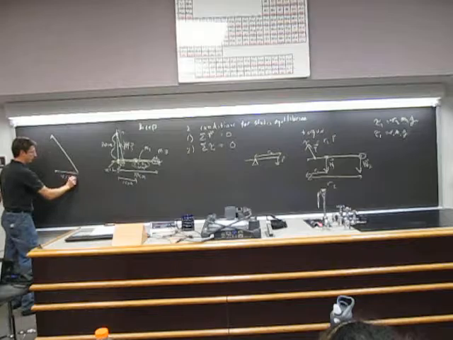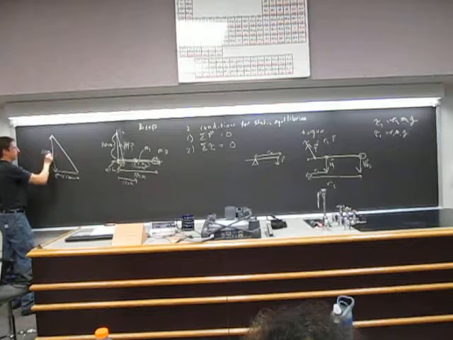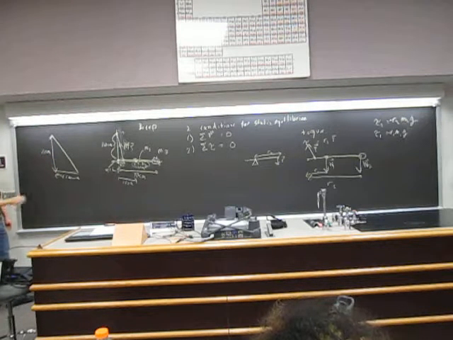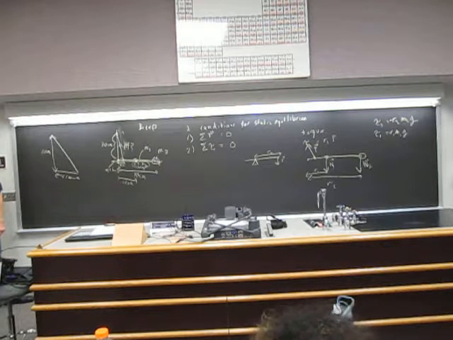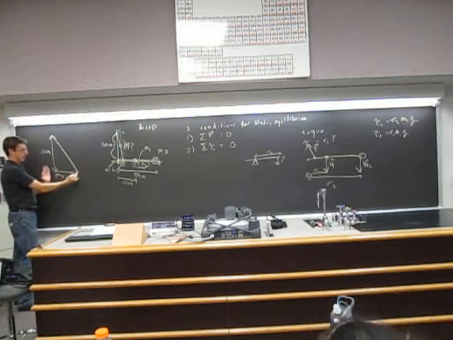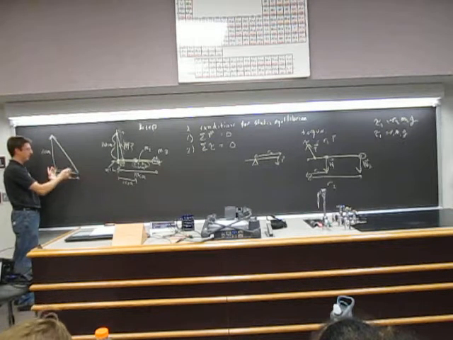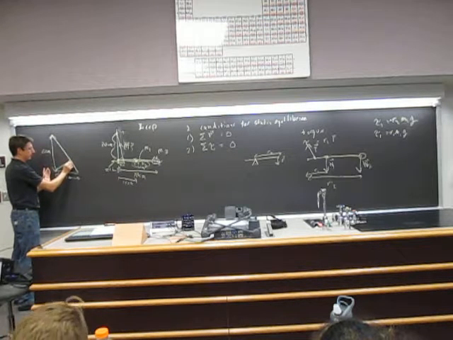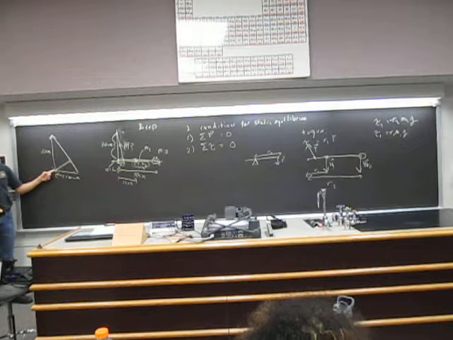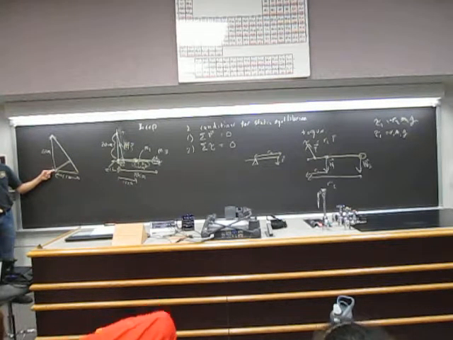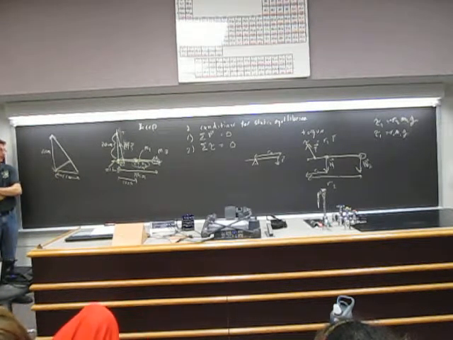This is 4 centimeters this way, this is 20 centimeters this way, and I have a tension force going upwards like this. This is the distance between the pivot point and where the force is applied, but that's not the perpendicular distance. This would be the perpendicular distance. So how do I get that? That's kind of tricky, isn't it?